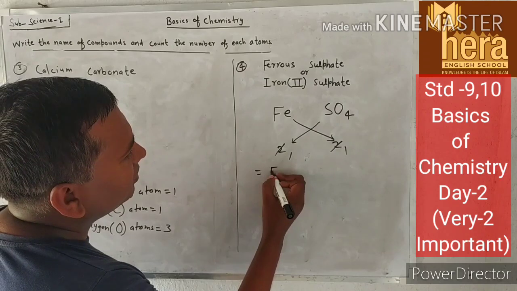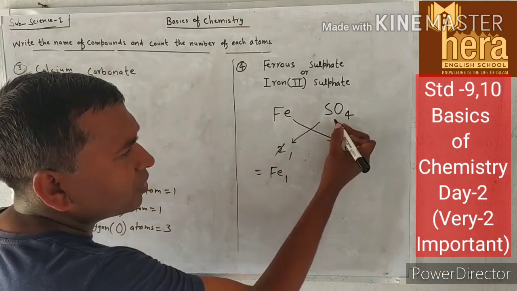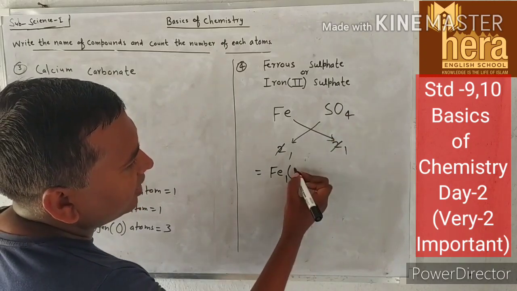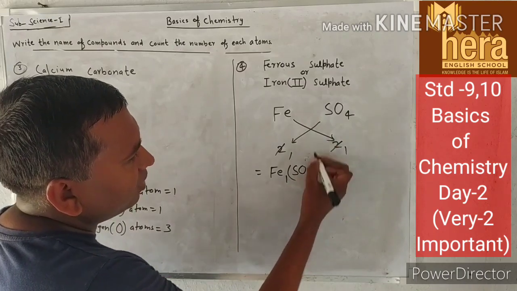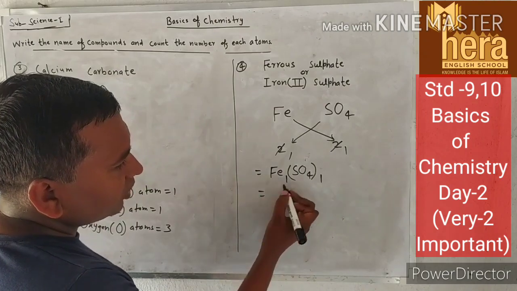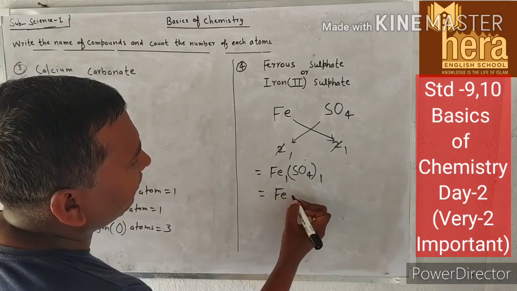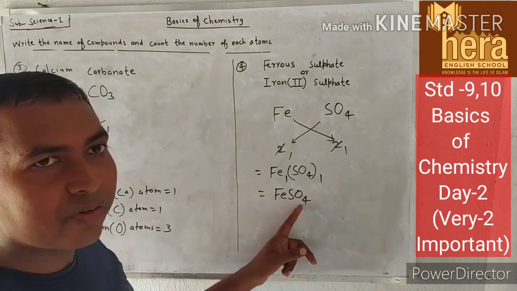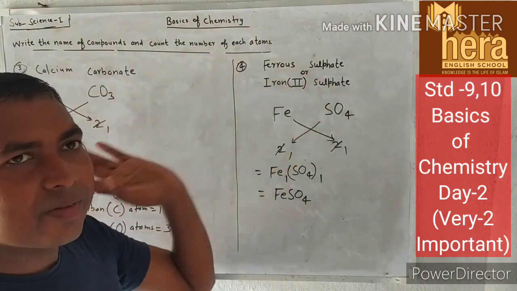This will be equal to Fe1. More than one atoms is there, so we will put bracket SO4, bracket close, 1. No need to write 1. So this will be equal to FeSO4. FeSO4 means ferrous sulfate or iron 2 sulfate.